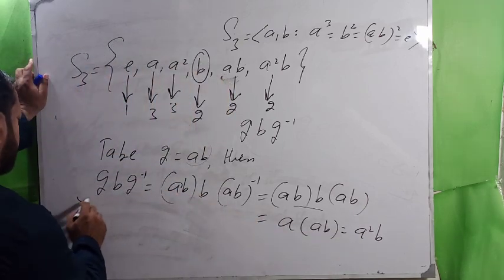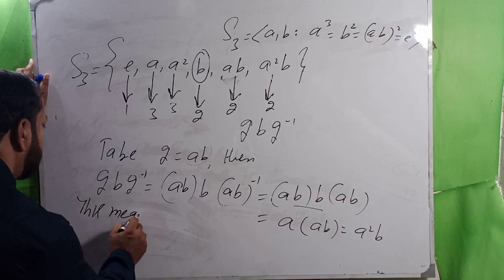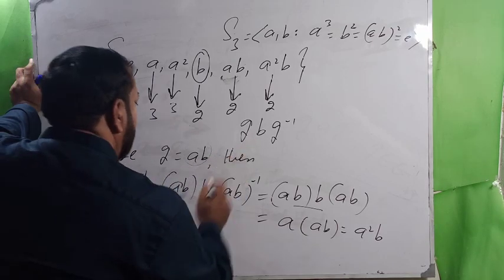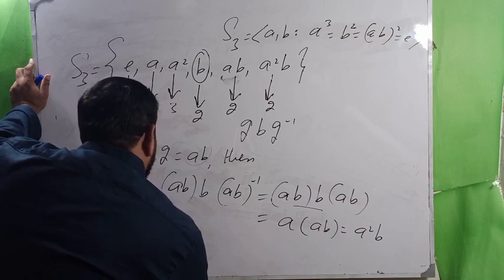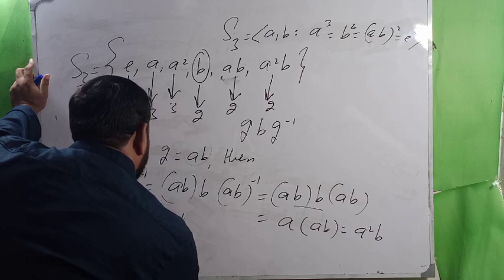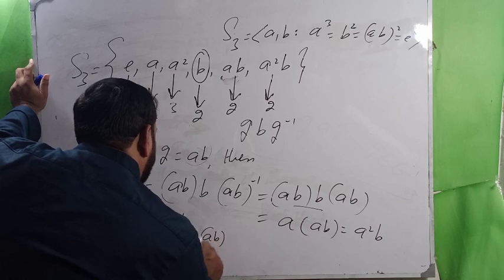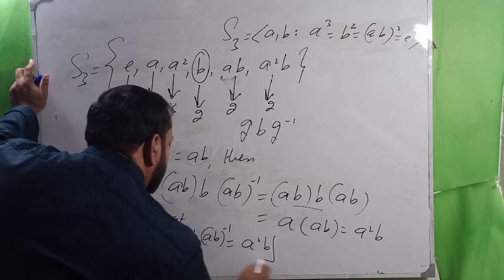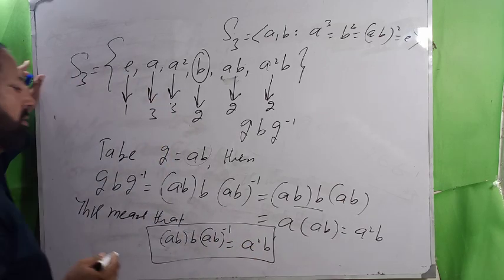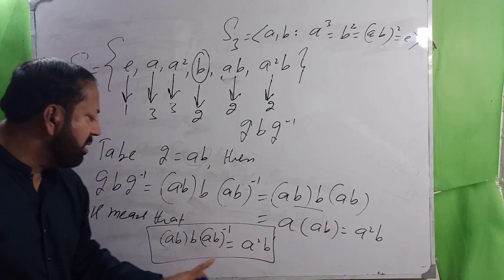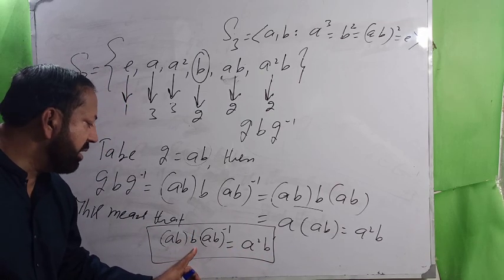This means that AB inverse is equal to A square B. So A square B is conjugate to B, right?